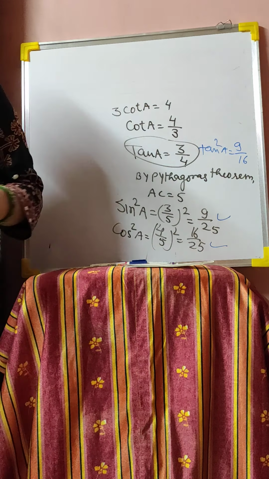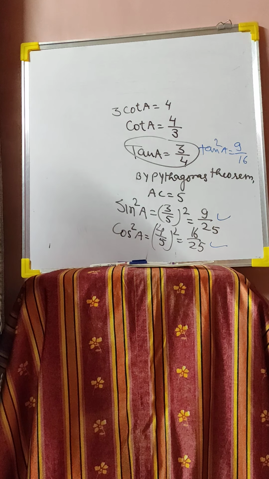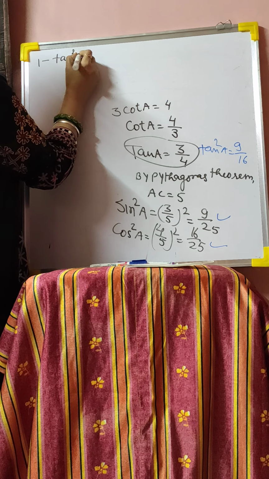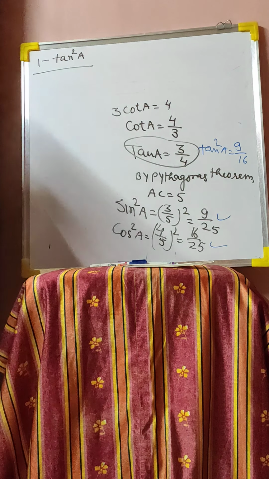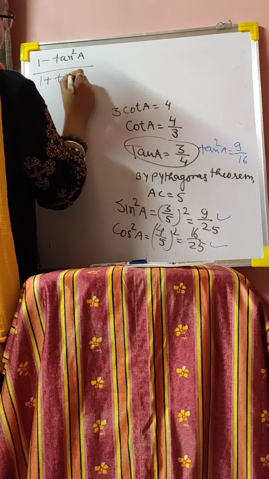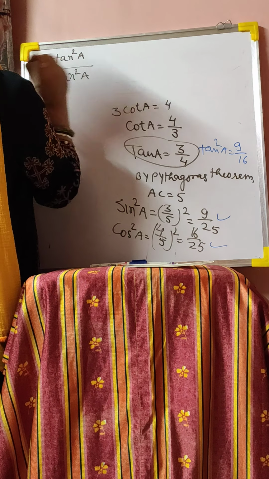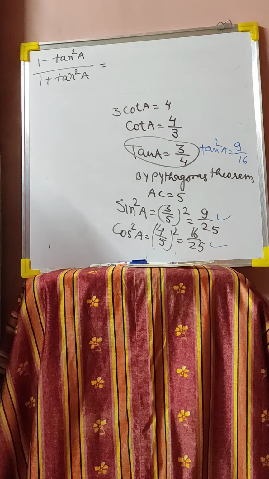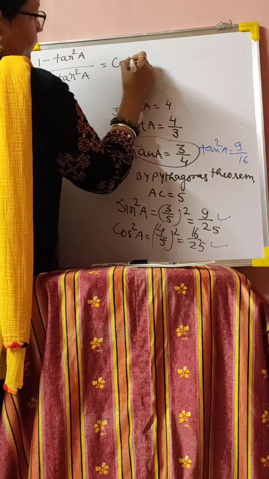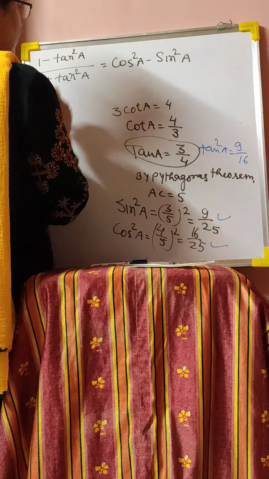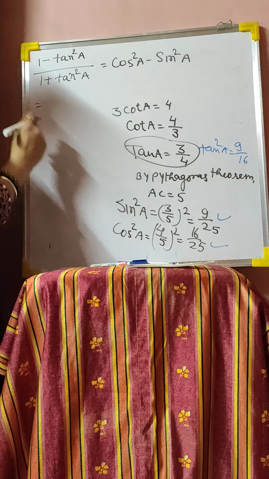So now we have to find 1 minus tan square A by 1 plus tan square A, and then check whether it is equal to cos square A minus sin square A. So we will put the values over there.